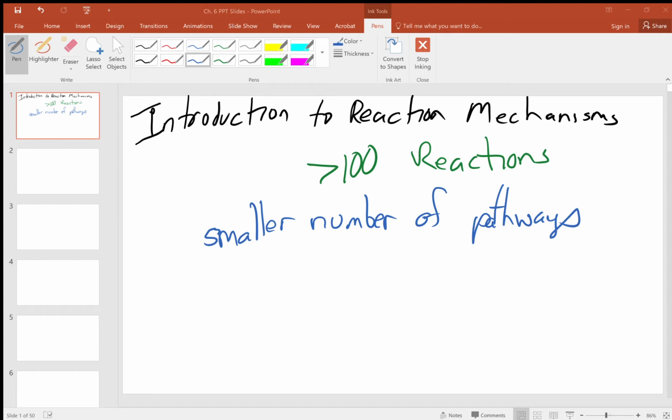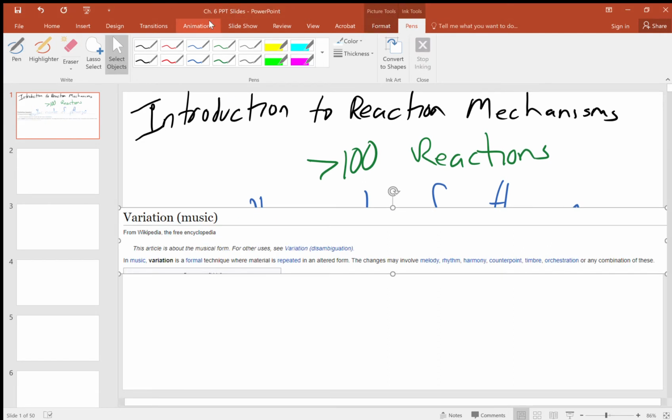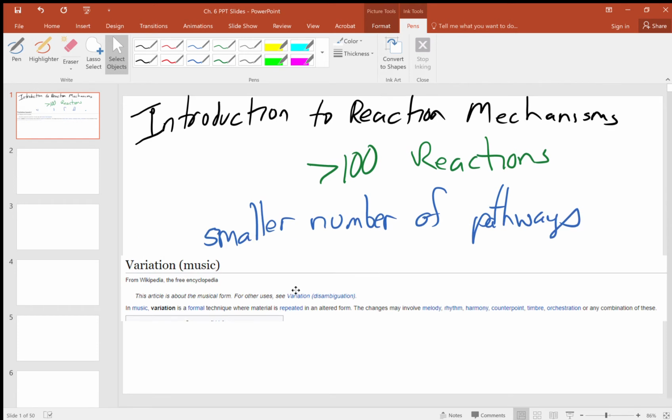And one of the things that I always like to compare this to, every once in a while someone knows what I'm talking about, but I often like to compare organic reactions and mechanisms to something that you might not think of in that way. And that's a type of musical writing style known as theme and variations.